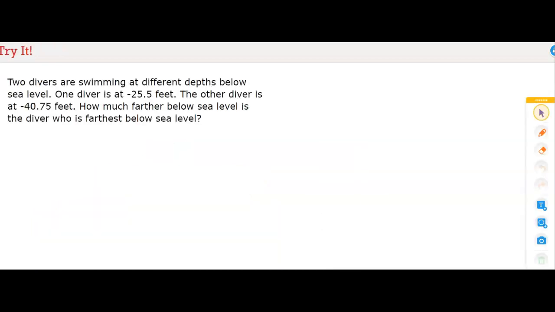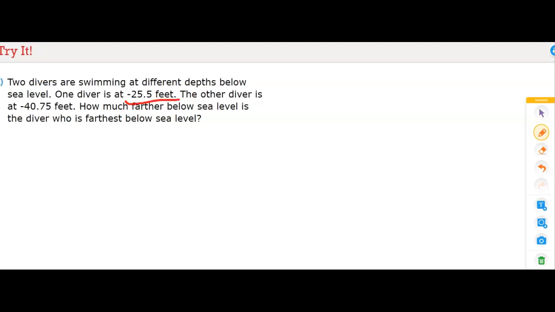Two divers are swimming at different depths below sea level. One diver is at negative 25 5/10 feet. The other diver is at negative 40 75/100 feet. How much farther below sea level is the diver who is farthest below sea level? Okay, we have one diver at negative 25 5/10 feet.